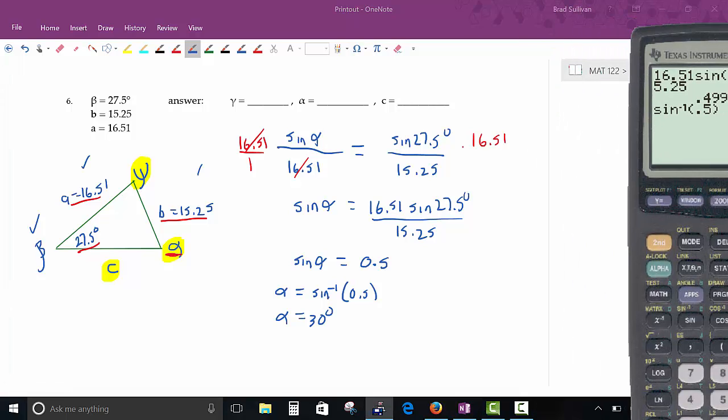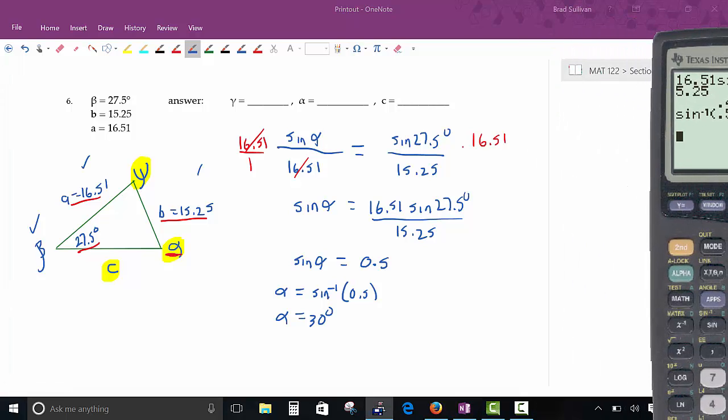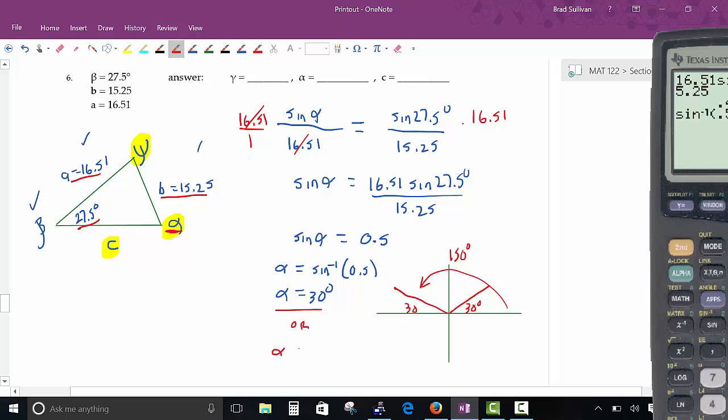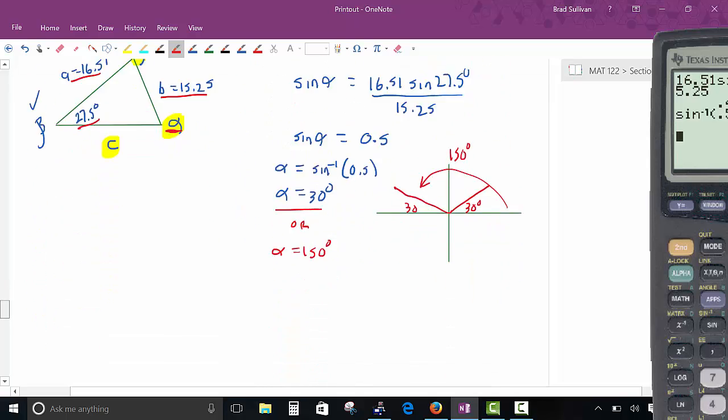But what you have to understand is, if you consider a unit circle, there are really two things going on in this problem. This is really a 30-degree reference angle, but you could also have a 30-degree reference angle there, so you could also get a 150-degree angle. So we would say alpha is 30 or alpha is 150.